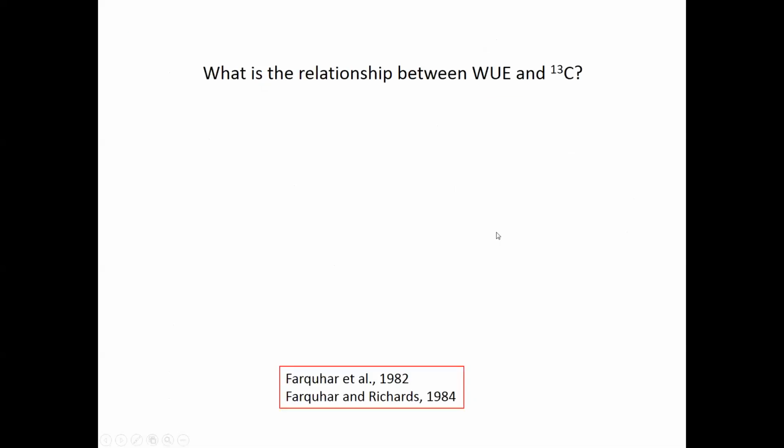So what is the relationship between water use efficiency and carbon 13? Well, when we look at this, the original derivation of carbon 13 in plant tissues was derived by Farquhar and Richards, and they expressed it as carbon isotope discrimination, which is a little bit different from what we've done, as I'll explain.